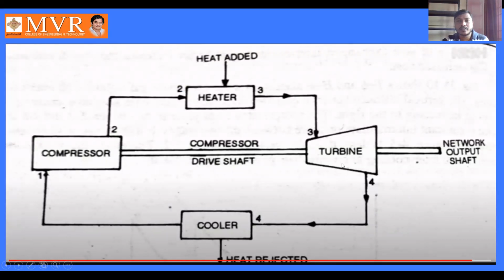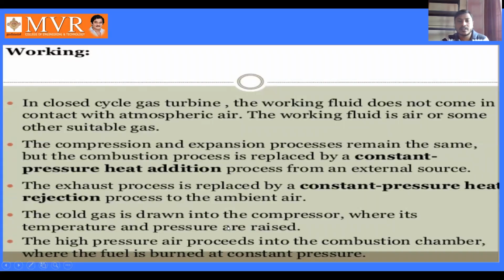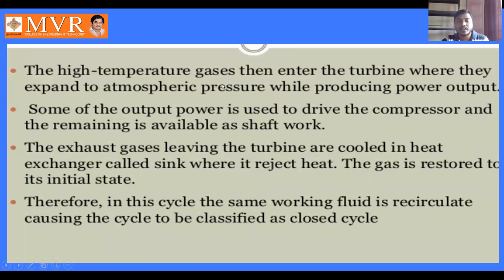In the turbine, the gas expands and the work output is given, and the remaining gas enters the cooler. The high temperature gases enter the turbine, where they expand to atmospheric pressure while producing power output. Some of the output power is used to drive the compressor, and the remaining is available as shaft work.